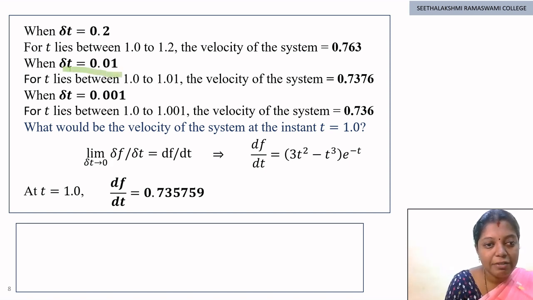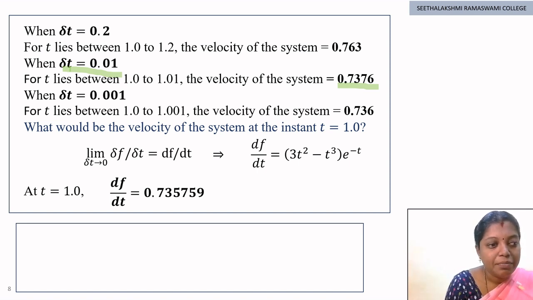Then in this case I found the velocity to be 0.73. So it is obvious, when you reduce the del t, you can get a more accurate value near 1.0. The aim for me is to find the velocity at time t equal to 1.